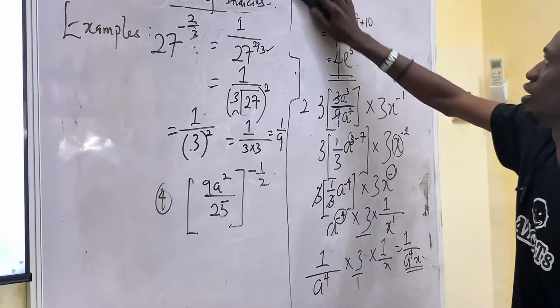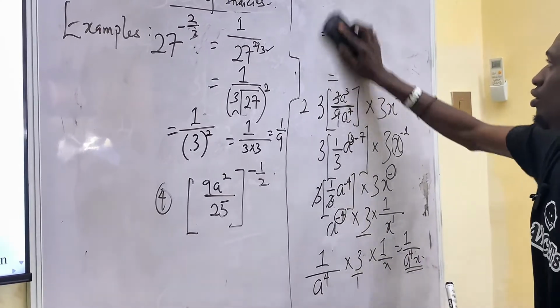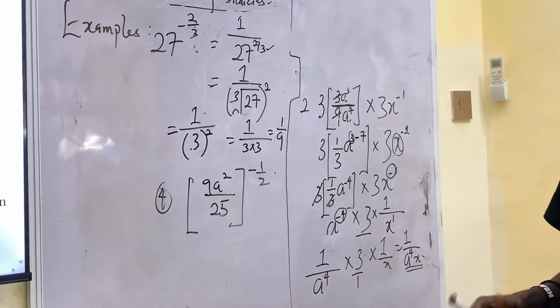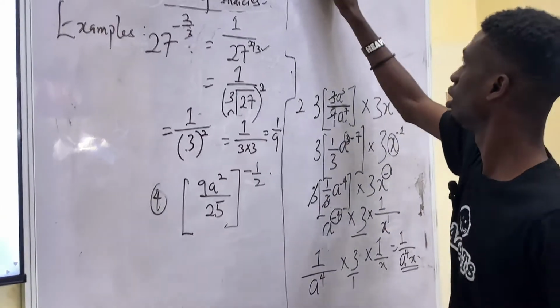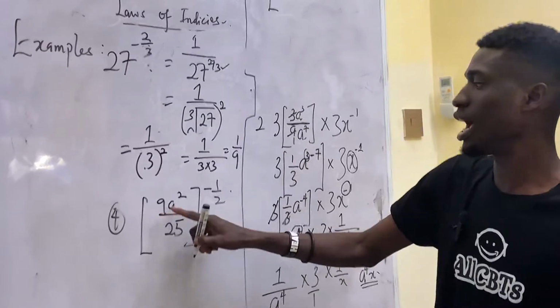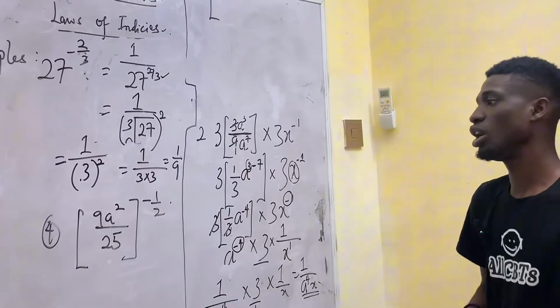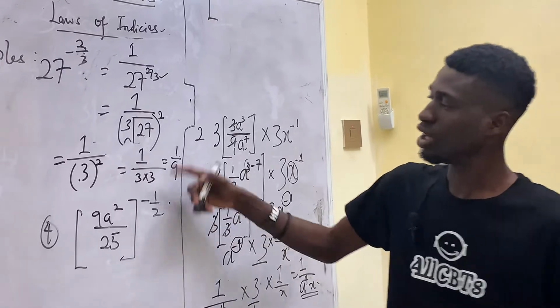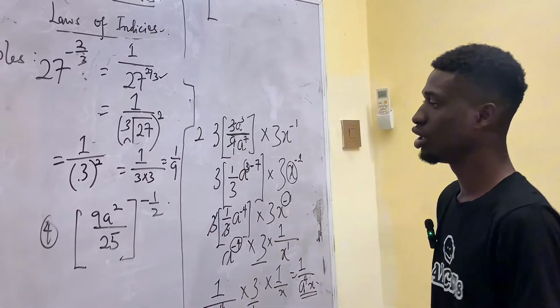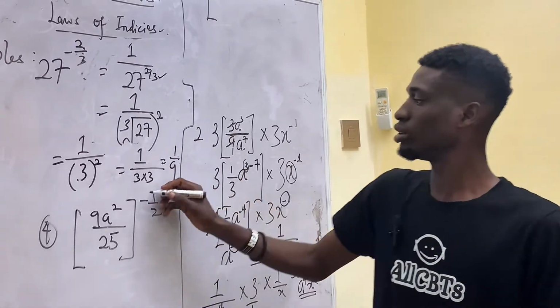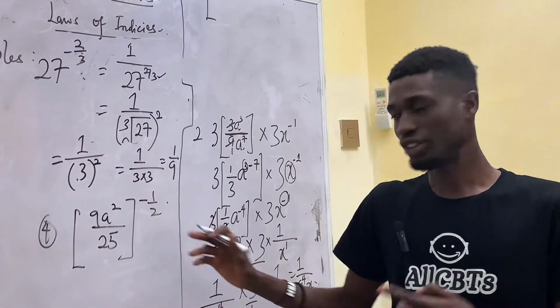Then for the last part, we have 9a squared all on 25, and everything is raised to the power of negative half. So now there's a quick way of solving this.